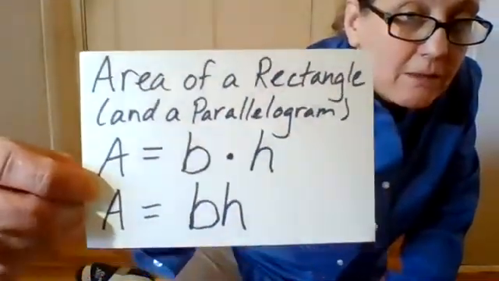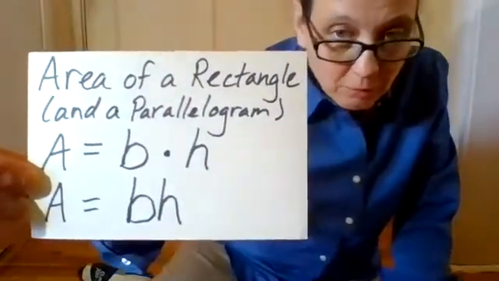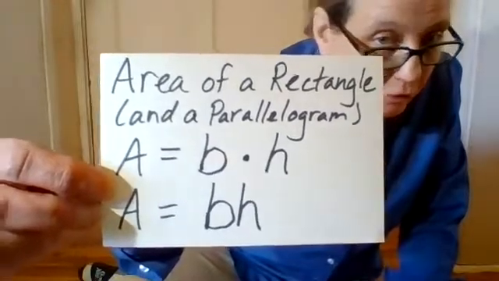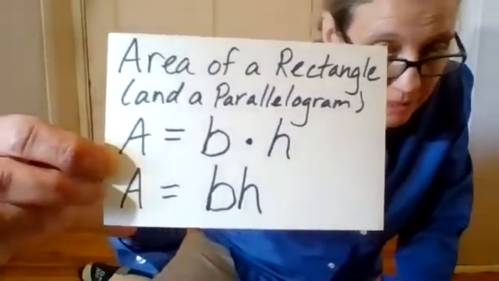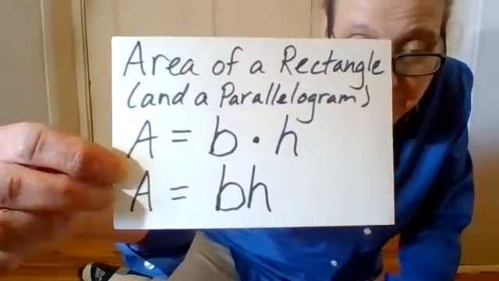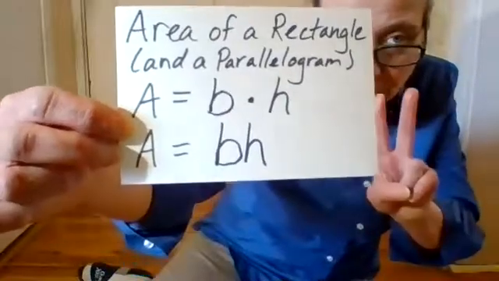Another way to write that uses a little dot for times, because if I put an X in there, someone might think you're multiplying three variables together. I've taken out the times sign and it still means base times height, because two letters representing numbers put together, you multiply them.